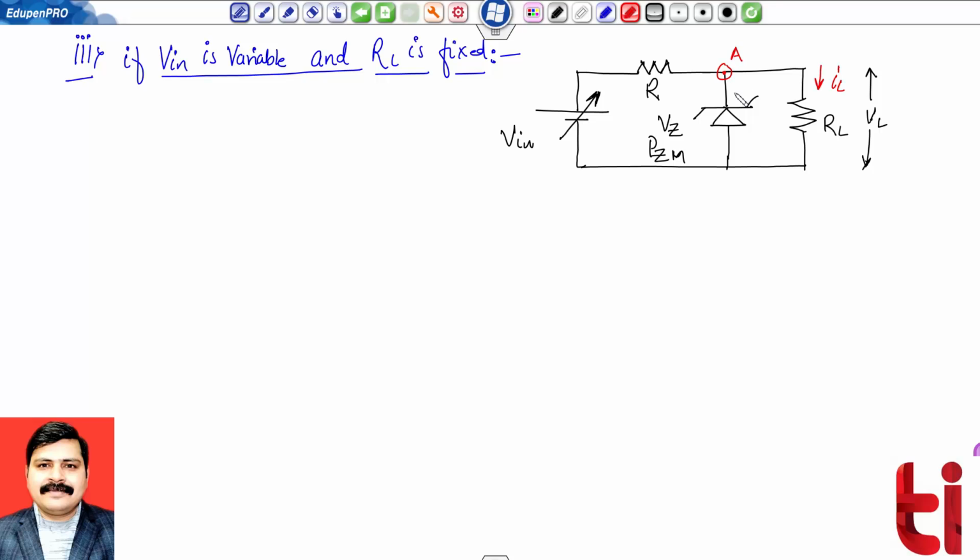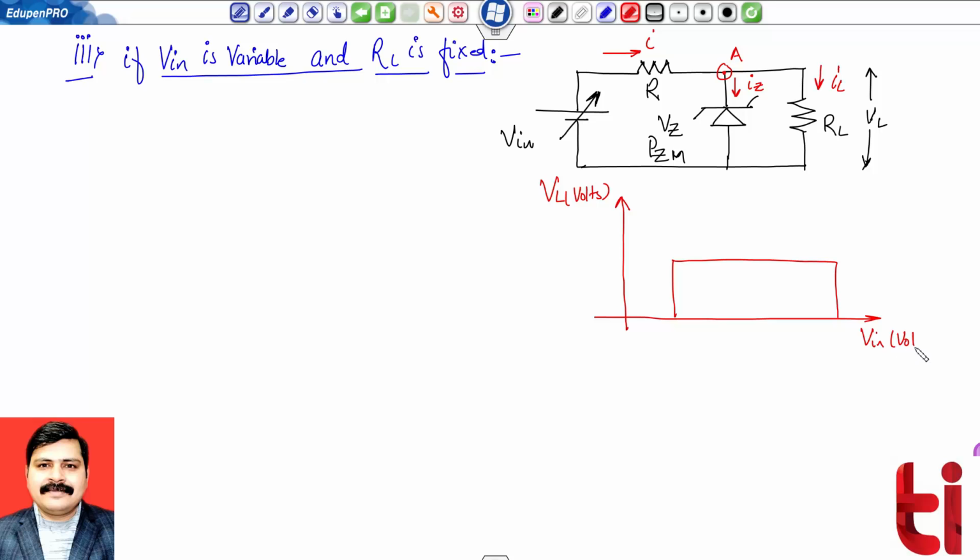Suppose this is my node A, the current flowing through here is IZ, and now you can check current I. In fact, this current will also not be fixed because my input is variable. Load voltage VL. I want to design something like this: my input voltage Vin, in volts, will range from Vin min to Vin max, so that in this range I have a fixed output voltage, which is VZ.